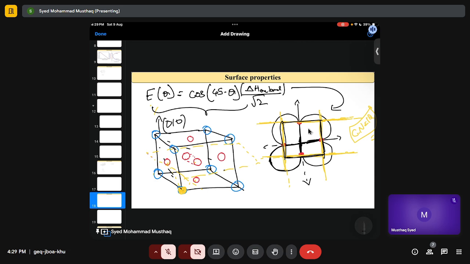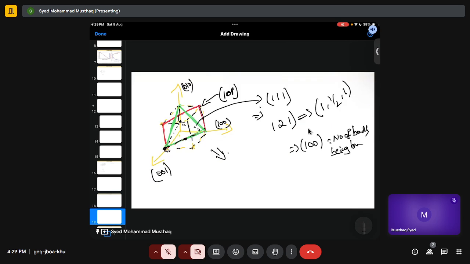So all atoms above, it is 1, 2, 3, 4. So 4 atomic bonds will be lost. But for 111, 3 will be lost.